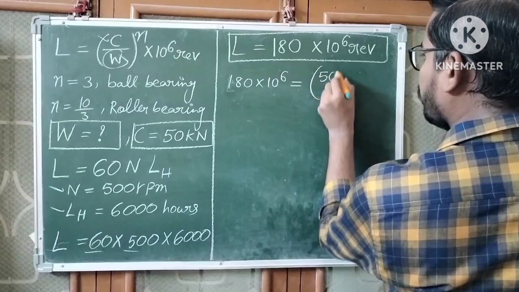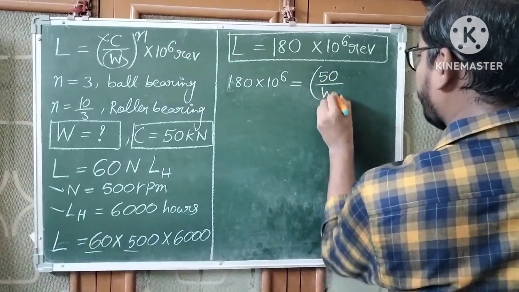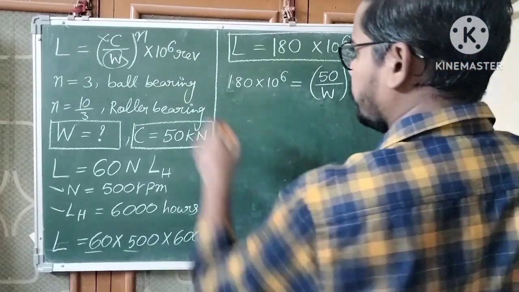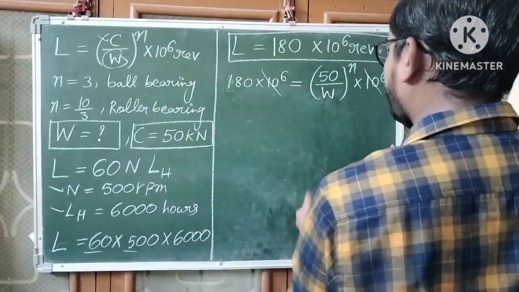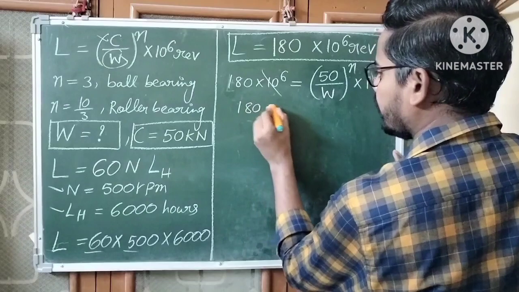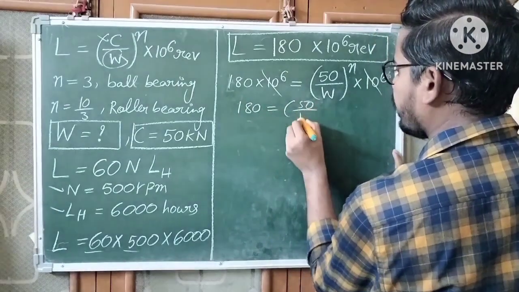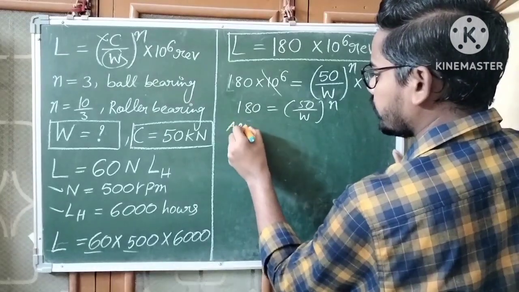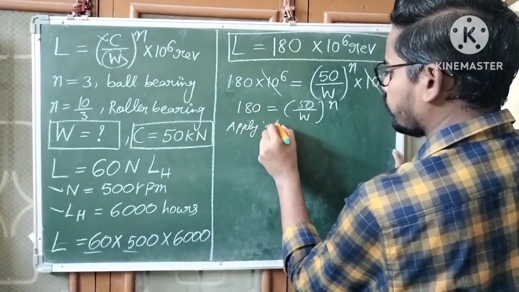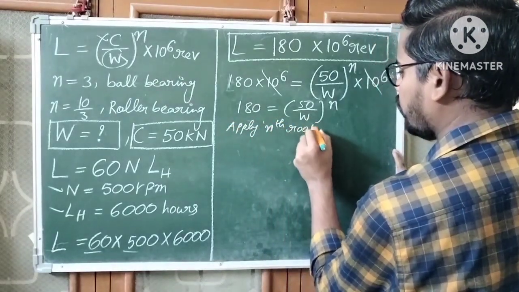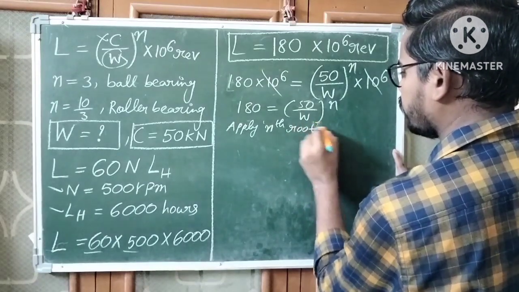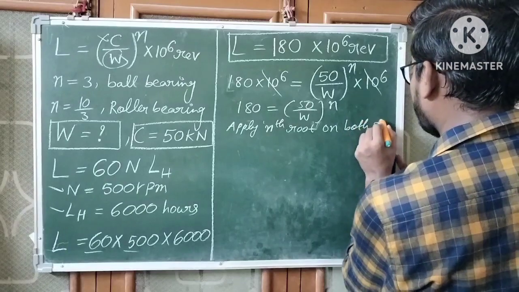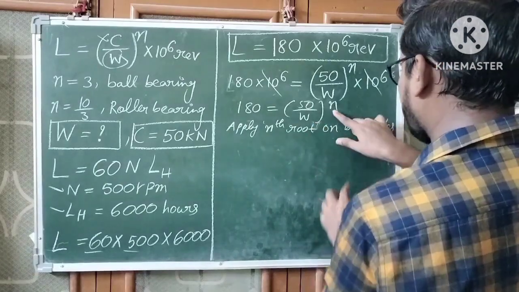C is 50 kilonewton, so 50 by W whole power n into 10 power 6. The 10 power 6 on both sides get cancelled. You will get 180 is equal to (50 by W) whole power n. Apply the nth root on both sides, so we can eliminate this power n.